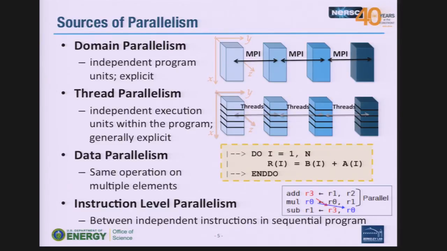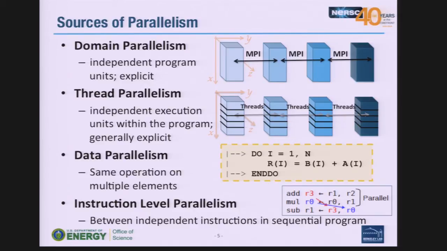Instruction-level parallelism is something that the computer or your processor handles. It will look through your program and try to do something kind of smart. In this example, I'm going to add what's in register 1 and register 2 and put it in register 3.